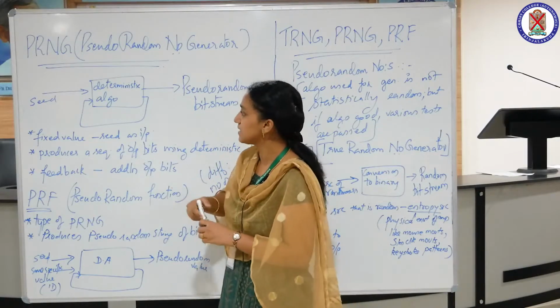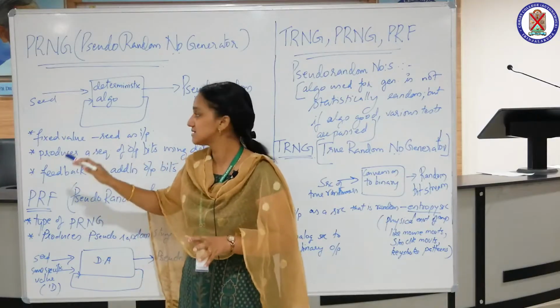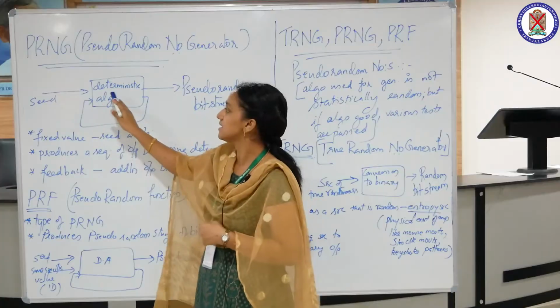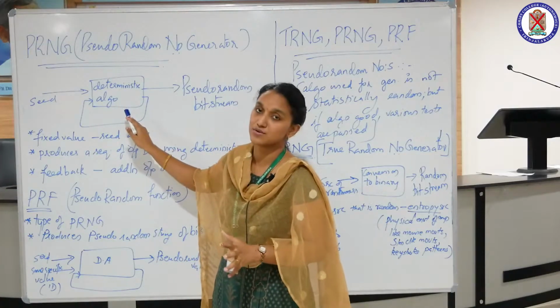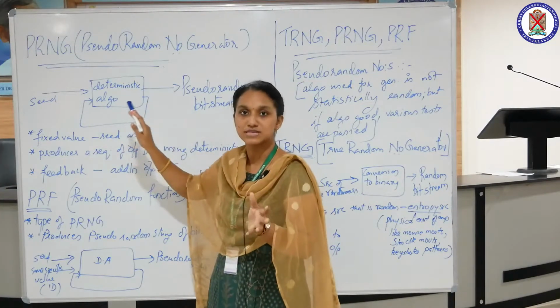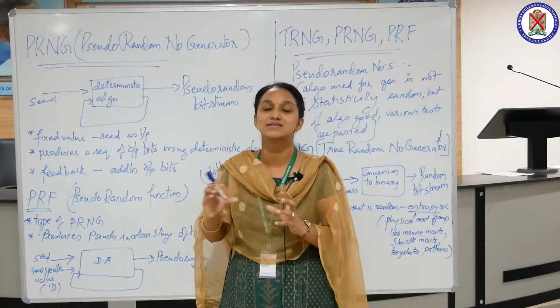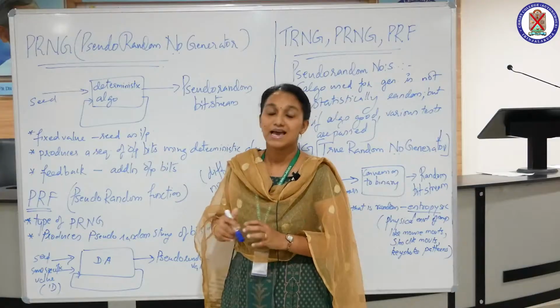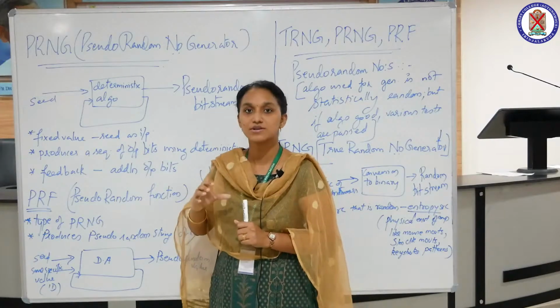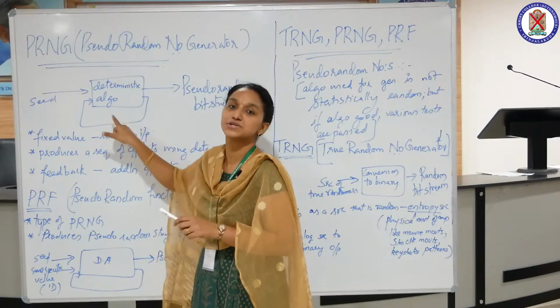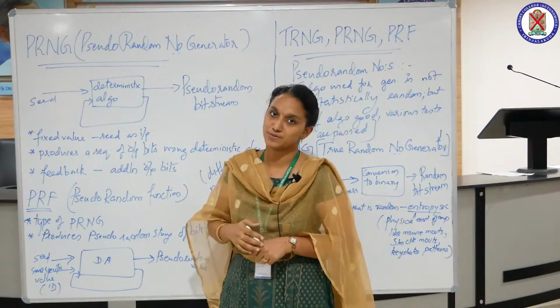Clear? So I repeat, here the input is the seed. The seed is nothing but a fixed value. That seed is fed as input to the deterministic algorithm where the input is processed, and on the output side a pseudo random bit stream is obtained, and some results of the algorithm itself are fed back to the algorithm to produce some additional output bits.